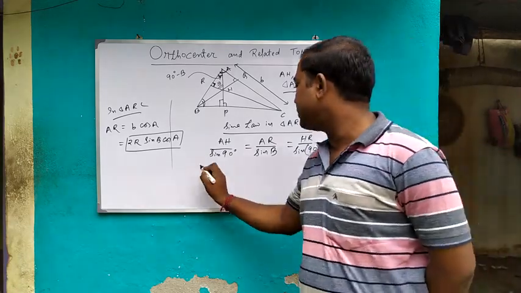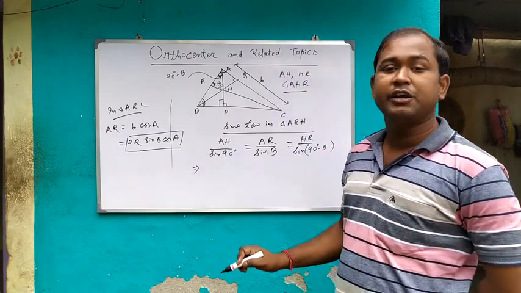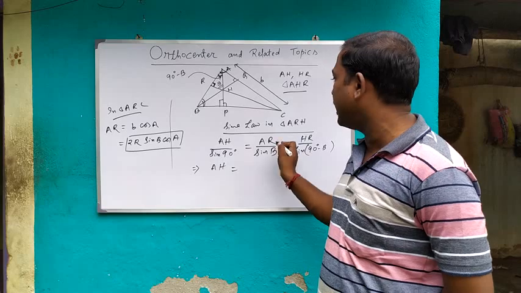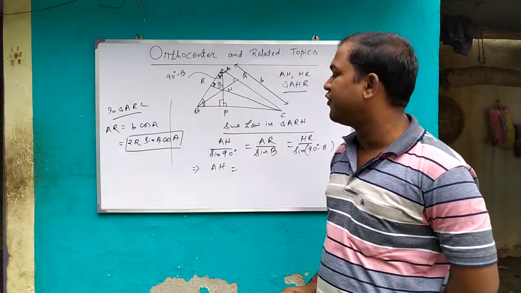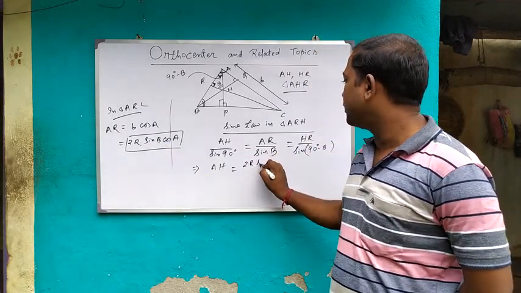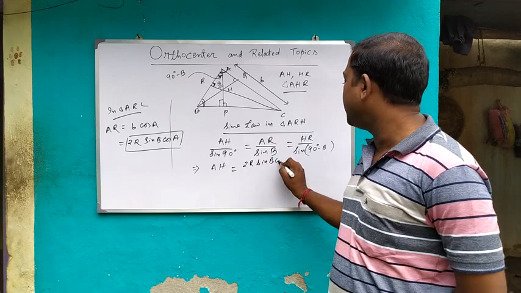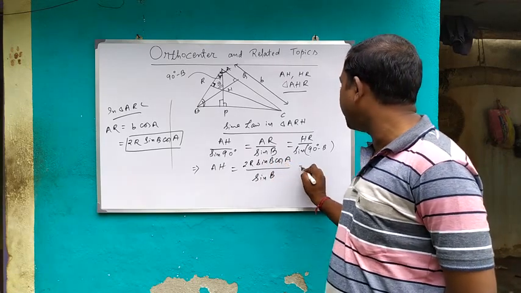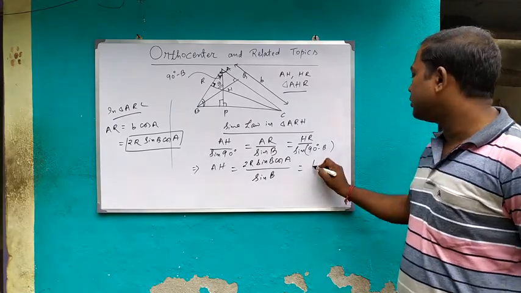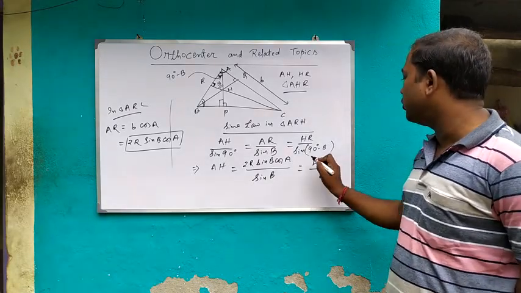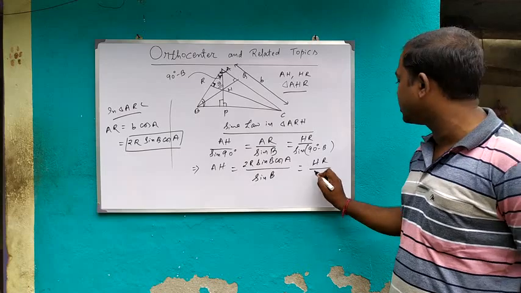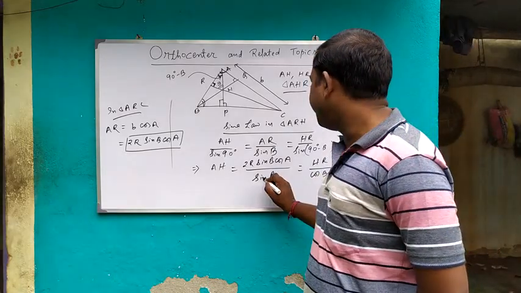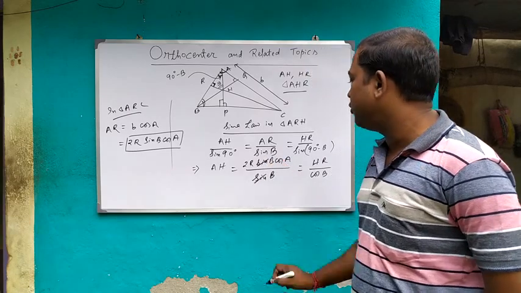Now we will clearly simplify this thing. What is sine 90 degree? Sine 90 equal to 1. So AH, that is equal to AR. The value of AR we have already found out. 2R sine B cos A upon sine B, and that is equal to HR, which is still unknown. Sine 90 minus theta is cos theta. So we'll write it down, cos B. Now sine B gets cancelled out.